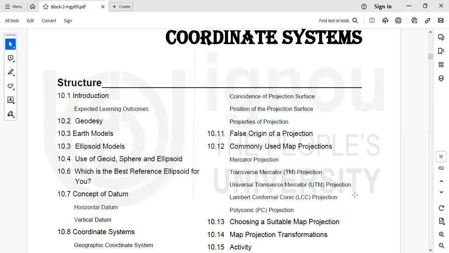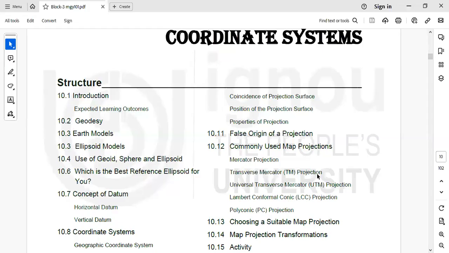So the first unit is on datums, map projections, and coordinates. In this unit, what a datum is, different types of map projections, and coordinate systems are discussed.